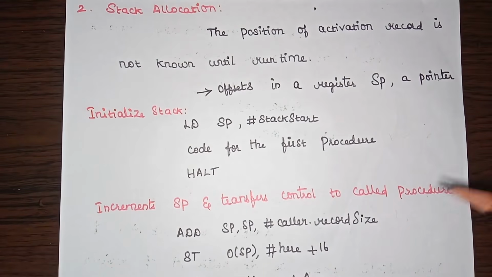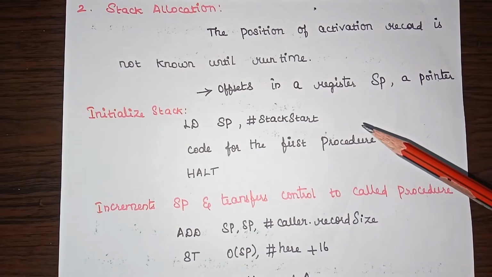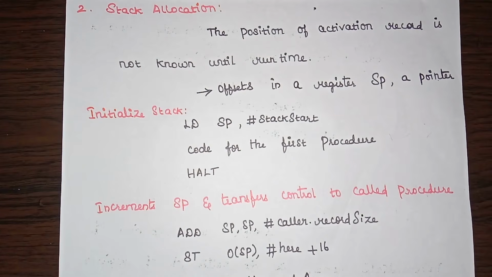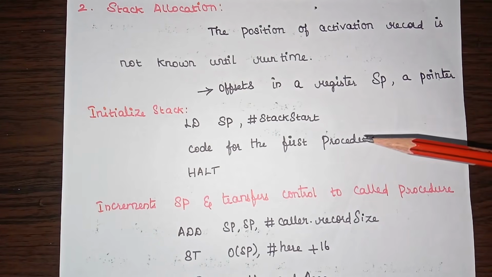So coming to stack allocation, the static allocation can become stack allocation by using relative addresses for storage in the activation record. Here in stack allocation, the position of an activation record for a procedure is not known until runtime. So during runtime only we will know the position of the activation record.